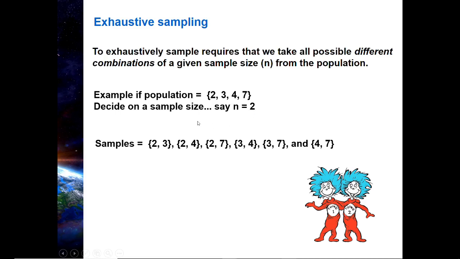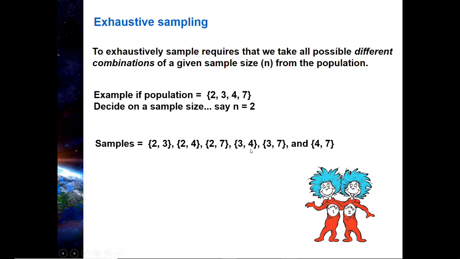Let's find out what all the different possible combinations are when we have a sample size of 2. So you could get a 2 and a 3 in your first sample, right? I mean, that's possible. Now, the next time you sample, maybe you're going to get 2 and 4. And then the next time you might get 2 and 7.